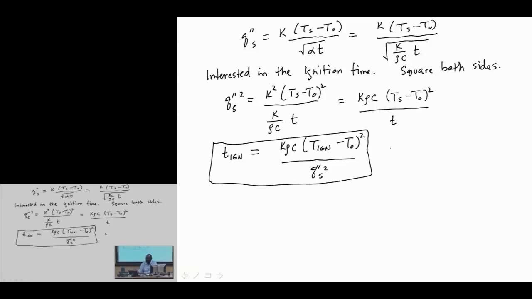It's correct, but it's only correct really in this short ignition time model. It's also correct in the short time limit approximation, and it's also correct only from the scaling analysis perspective.